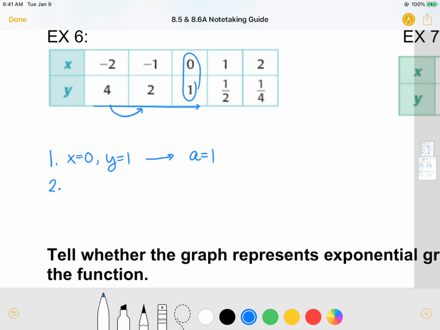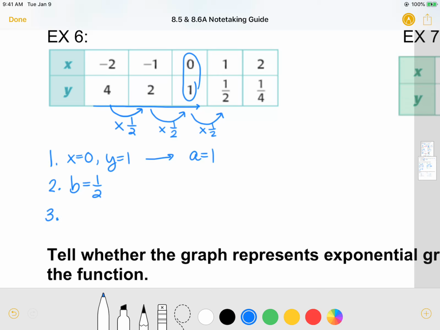And that would be the same as 1/2. So if I multiply by 1/2, that's the same thing as dividing by 2. 2 times 1/2 is 1. 1 times 1/2 is 1/2. Okay? So b is equal to 1/2.